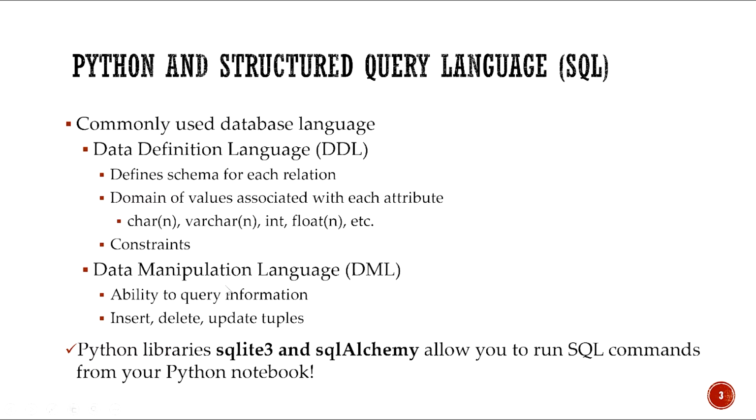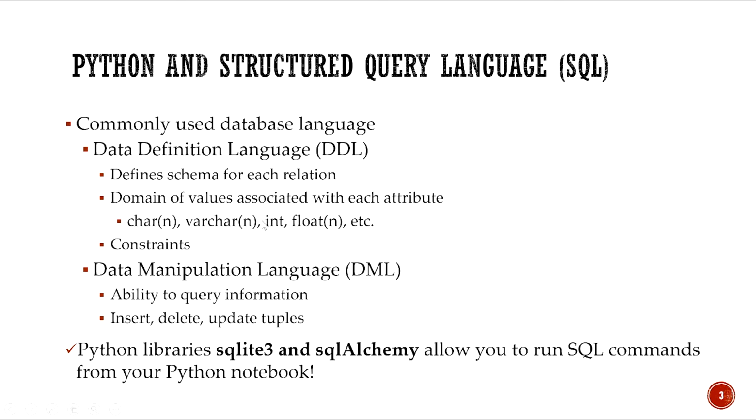SQL is a commonly used database language, and there are two main types: data definition language and data manipulation language. Under data definition language, we define a schema for each relation or table, and the domain of values associated with each attribute.